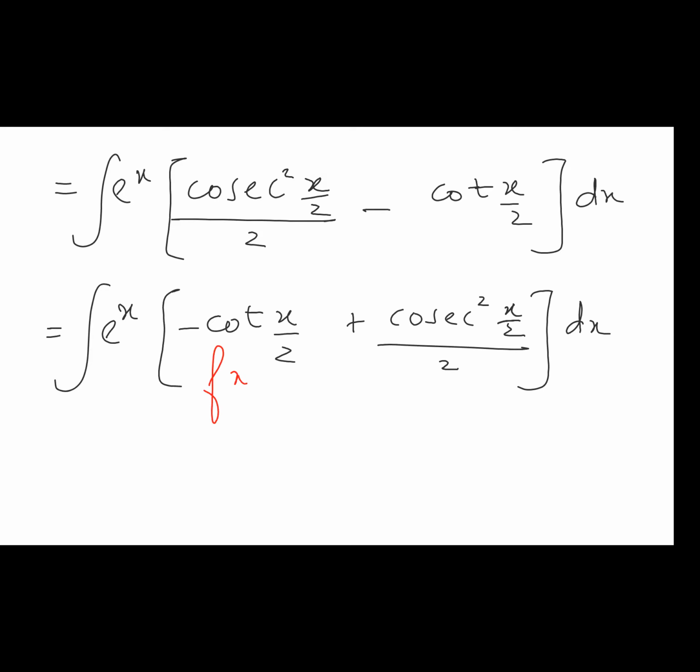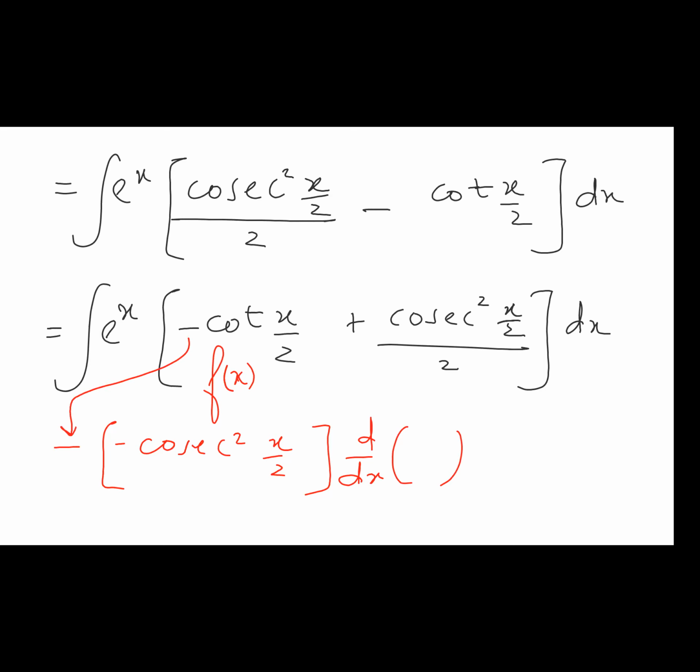If this is f of x, the derivative of minus cot x by 2 is minus into minus cosec square x by 2 into d by dx of, will you tell me what is the part of the round bracket? I'm calculating the derivative of minus cot x by 2. This minus is outside.